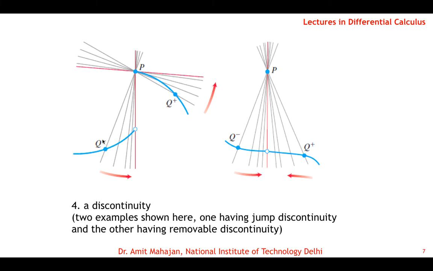If I take q negative to be the neighborhood point to the left, then this is the secant, and as q negative moves on the curve toward p, this positive slope becomes vertical, so it gives a plus infinity value. On the other side, when this moves, we get this tangent. So on one side the derivative gives a plus infinity value in this case.